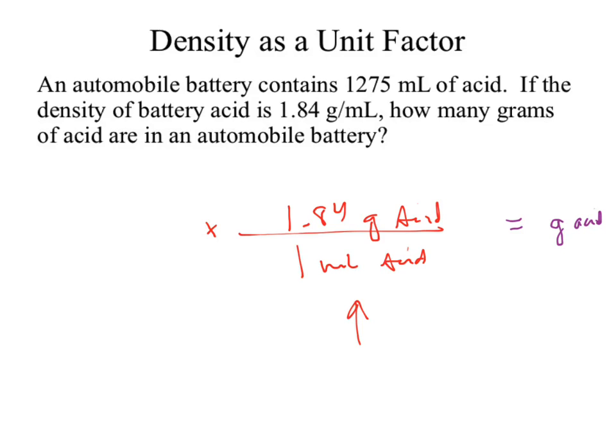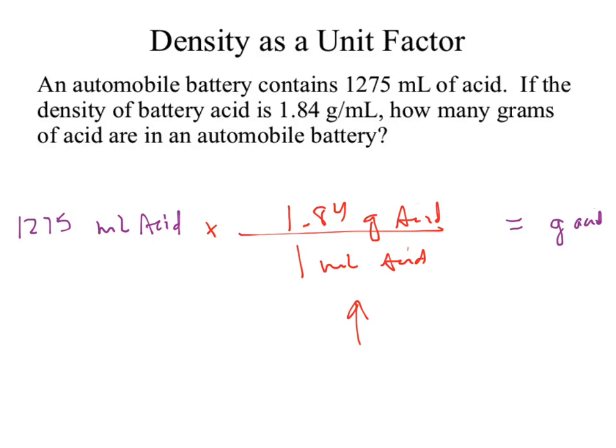No. So, what do we need to do? Cancel the milliliters of acid. Am I given the milliliters of acid? Yes. So I'm not saying you were wrong by placing the 1275 milliliters of acid in the numerator. But you didn't give me a very good reason for starting with it in the numerator.